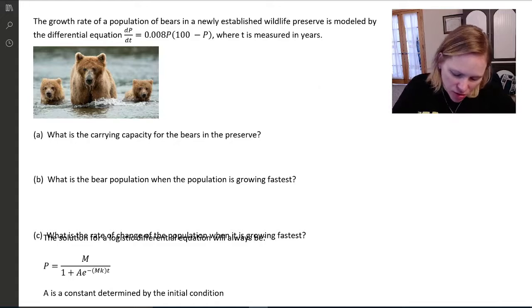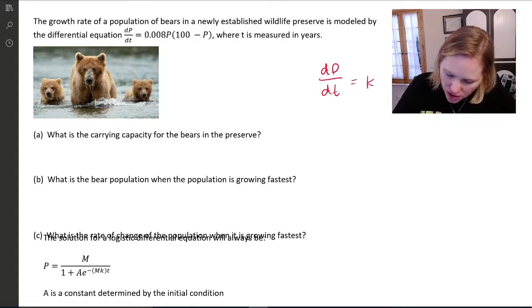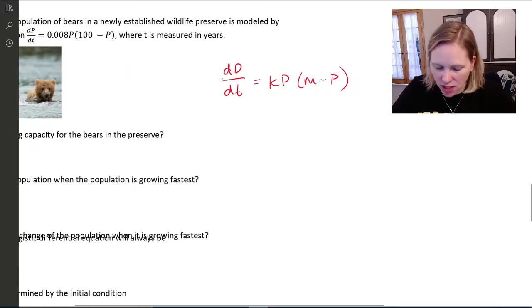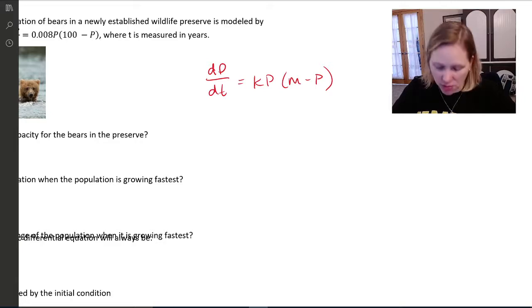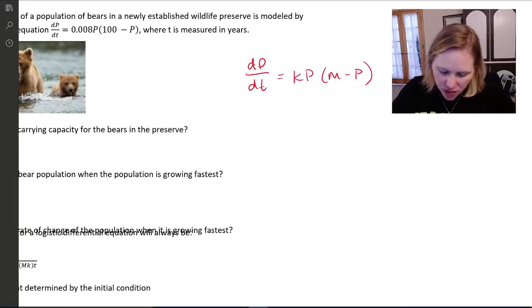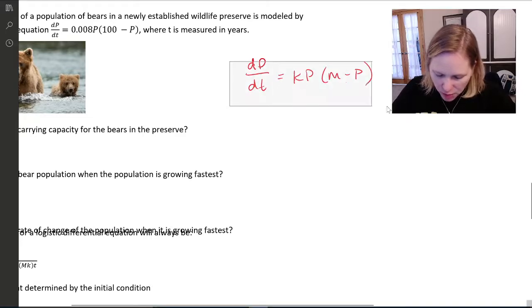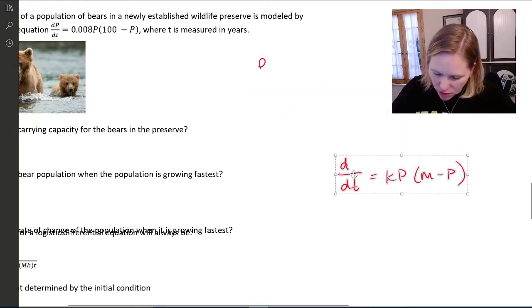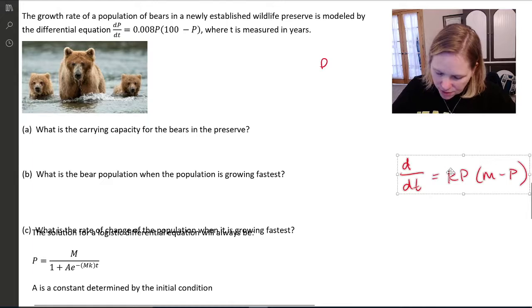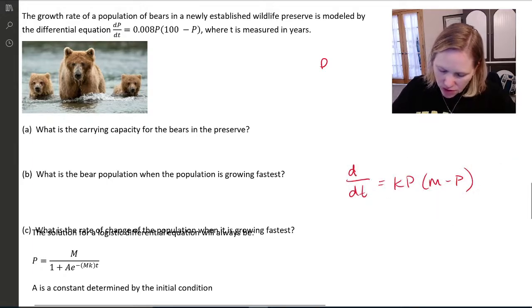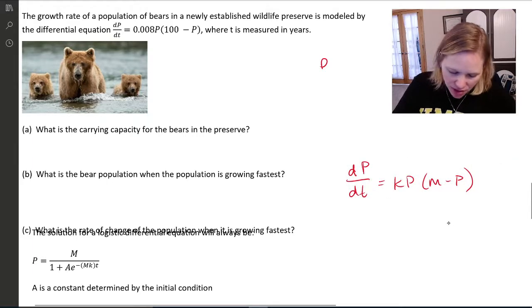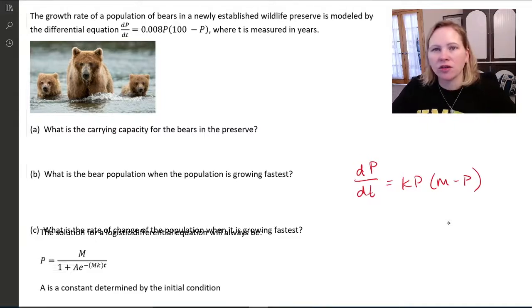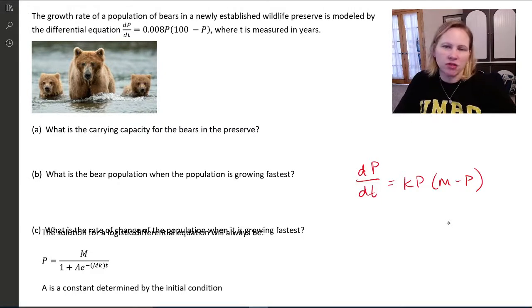So we're going to remember that dP/dt is always kP times (M minus P). So this should be what we have in our notes: dP/dt equals kP times (M minus P). If we remember that, then all we have to do is come over here to our equation and pick out something.